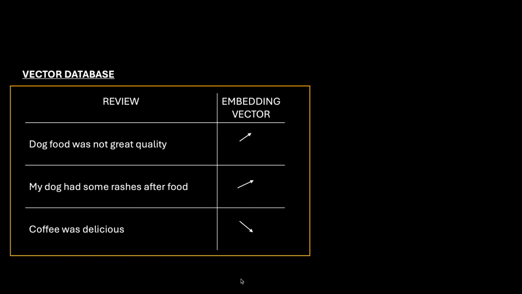Now let me come back to the original problem of getting records which are related to dog food. So let's say that our reviews are now in a vector database and they are not in a traditional database. This means that in addition to reviews, we also have the embeddings, and also we have this capability to calculate the vector distance between the embeddings.